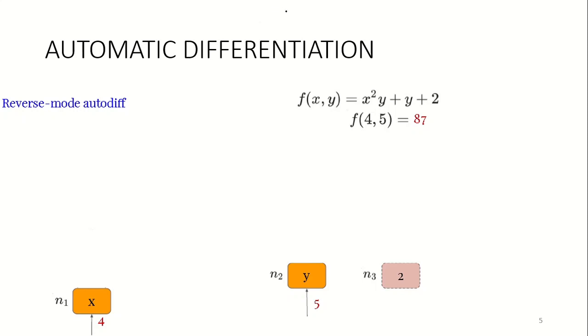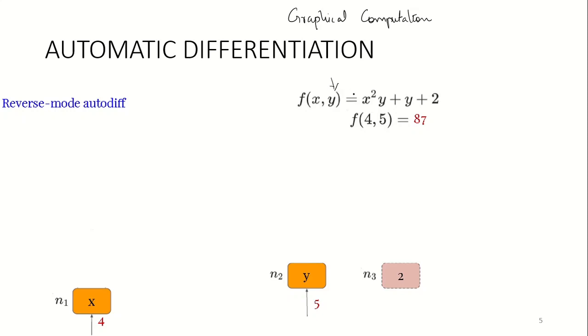It uses a graphical computation method. Graphical computation means that if we want to evaluate a function, first the function will be represented in a graphical form, and that graphical form will be evaluated to find the answer for the function.